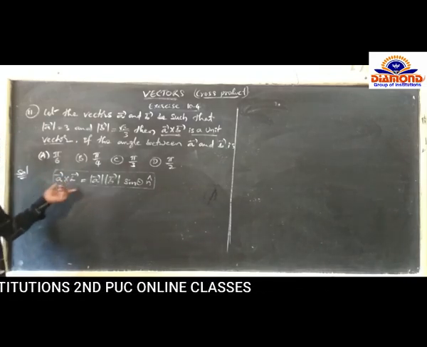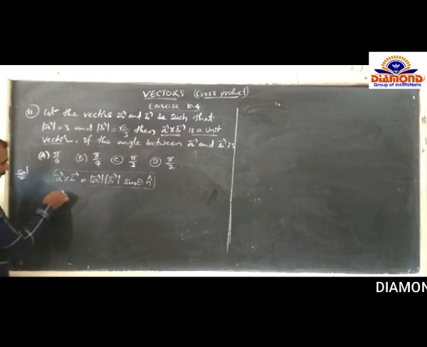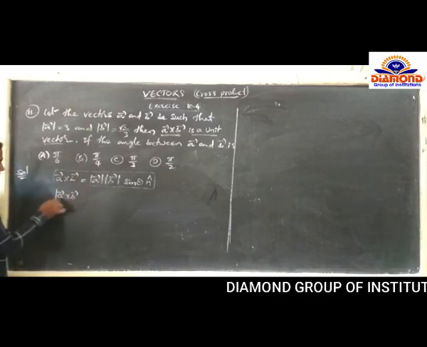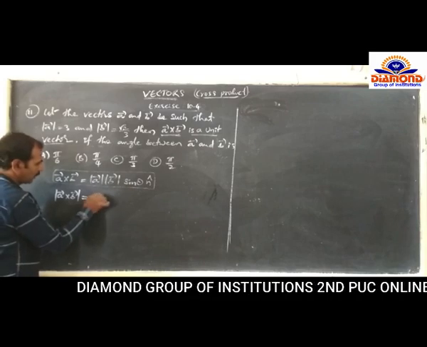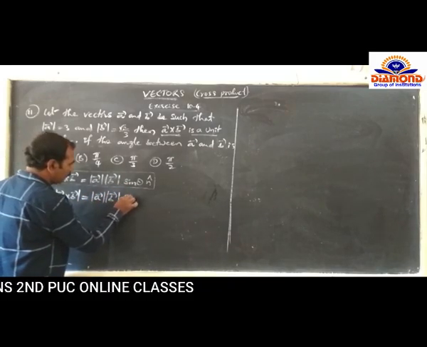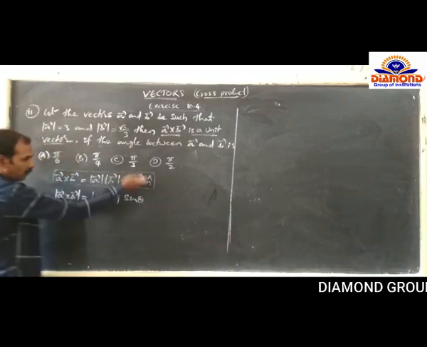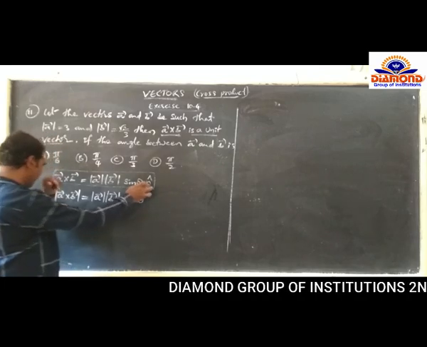So you take the magnitude of this cross product. What do you get? The magnitude of A cross B equals the magnitude of A, the magnitude of B as it is, and the magnitude of sin theta. The magnitude of n cap means a unit vector, its magnitude is 1.